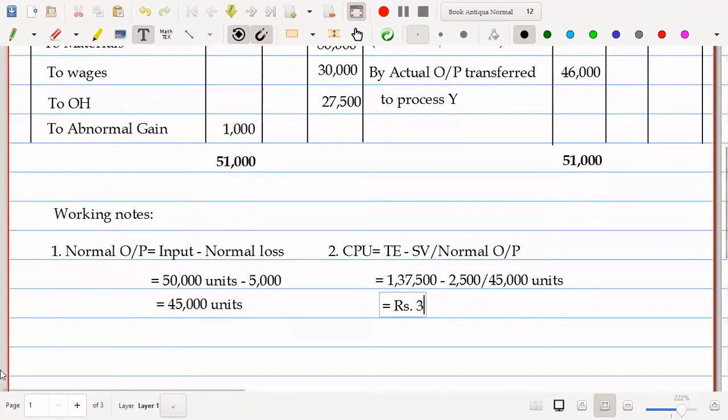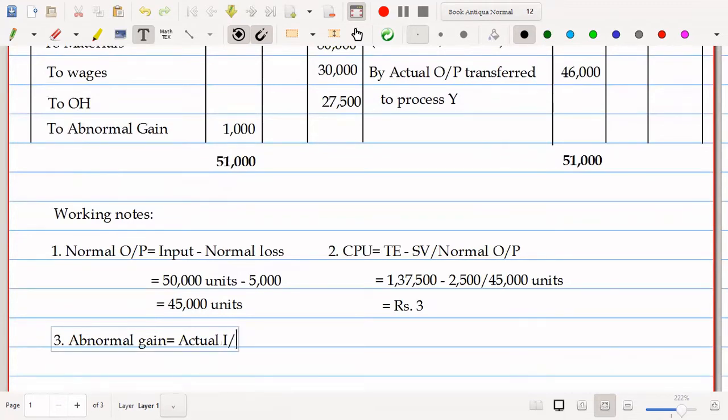Now we have abnormal gain here. Let us write the formula. Abnormal gain is equal to actual output minus normal output.